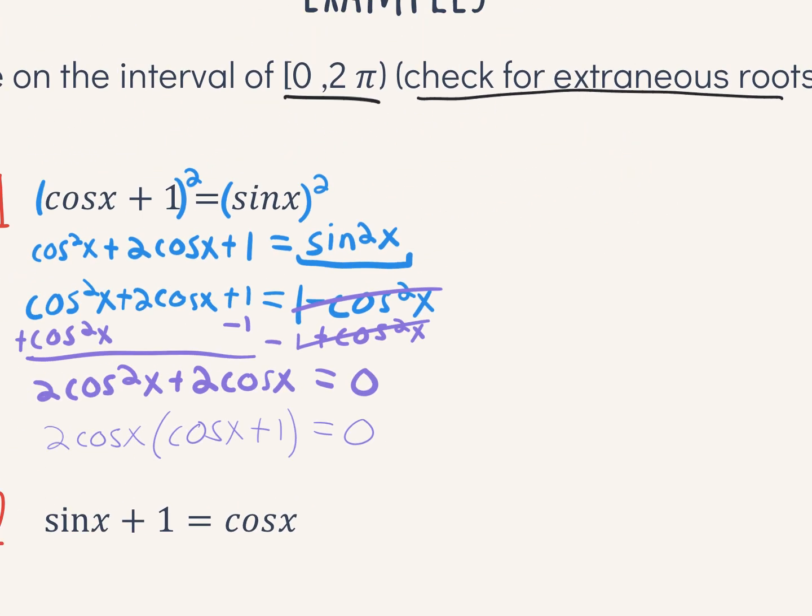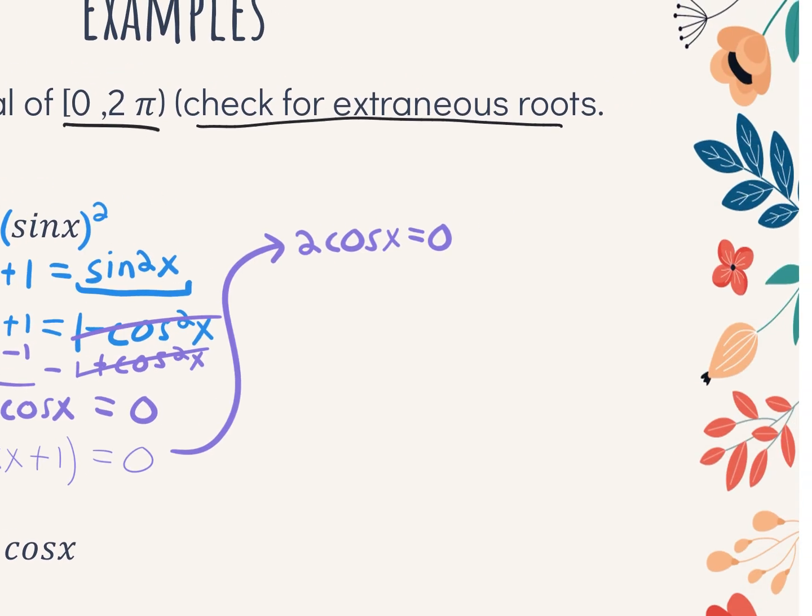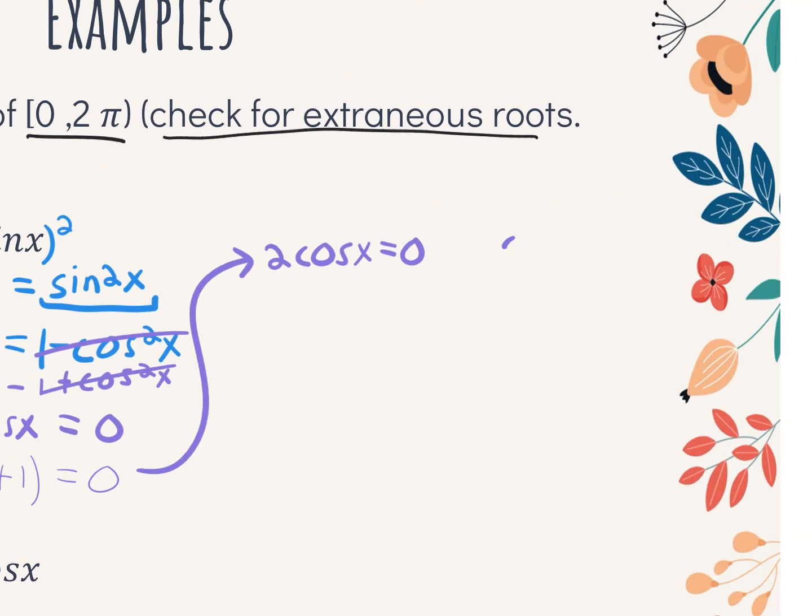All right, and then think about what we did yesterday. What can we do now? Yeah, nice. Nice, guys. So I have 2 cosine of x equals 0. And then on the other one, cosine of x plus 1 equals 0. Over here, all we have to do is divide both sides by 2.